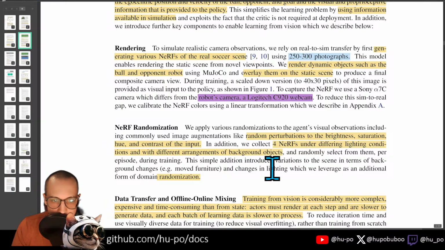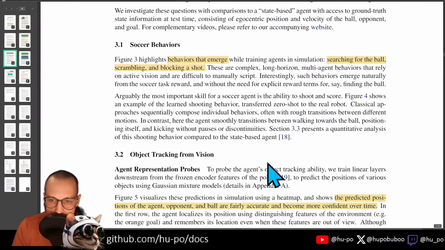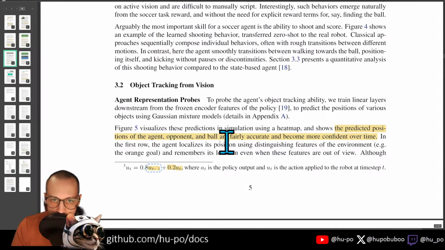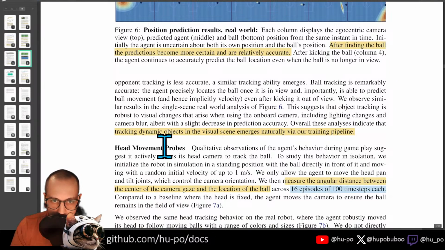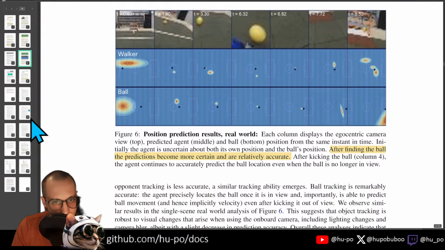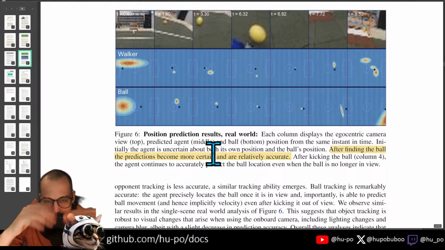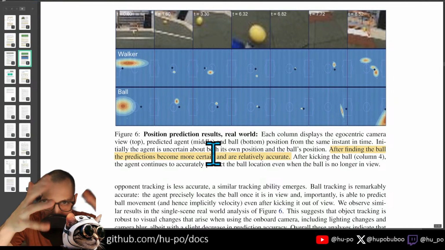Okay. Nerf randomization, the emergent behavior. Probes. Okay, so there's going to be a couple probes here. What a probe is, basically, you take your neural network, and your neural network is trying to produce some output to do something, right?